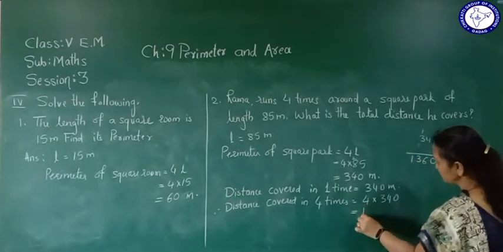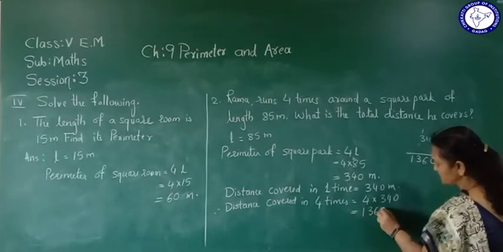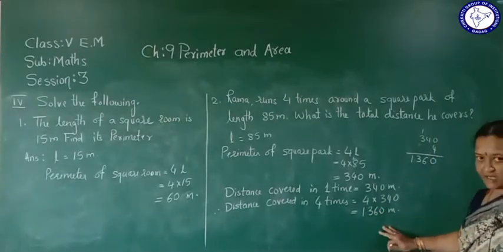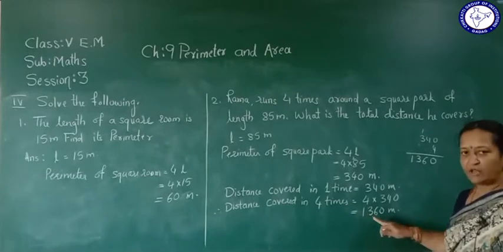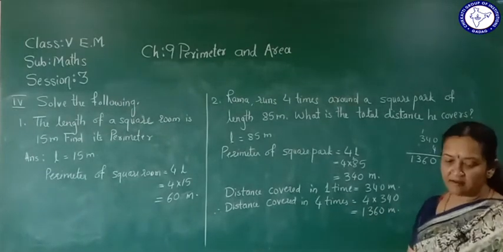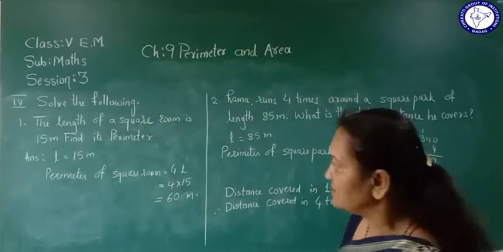So here answer is 1360 meters. This understood? If it is in kilometer, then we write 1 kilometer 360 meters. Okay, then let me go to third main question, the last question.